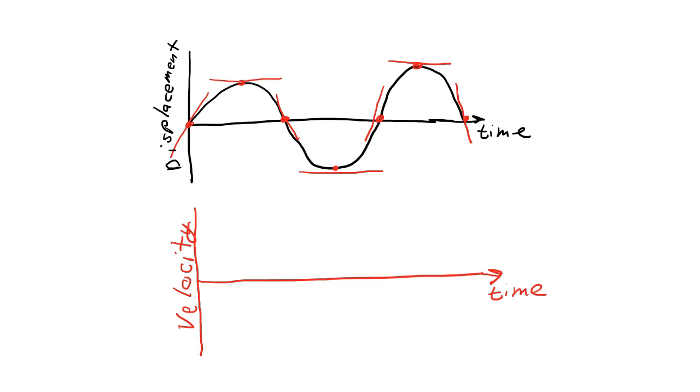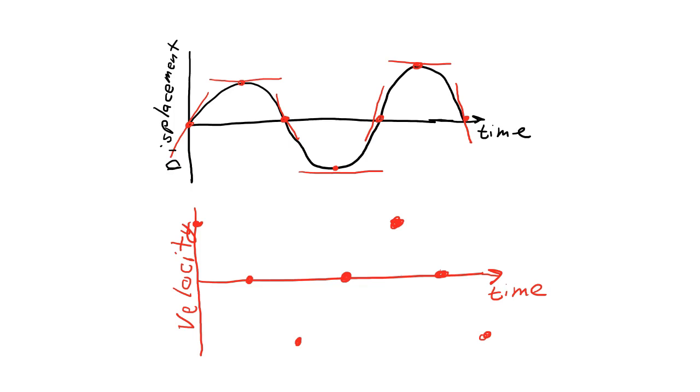So if we graph this out, we start out with time 0 and a high velocity initially. We go to no velocity when our slope is 0. We have negative velocity when our slope is negative. We return to 0, no slope. We have a positive velocity, no slope again, and then we return to having a negative slope.